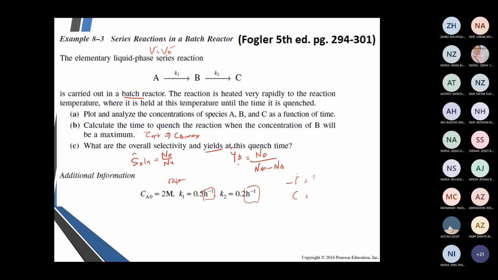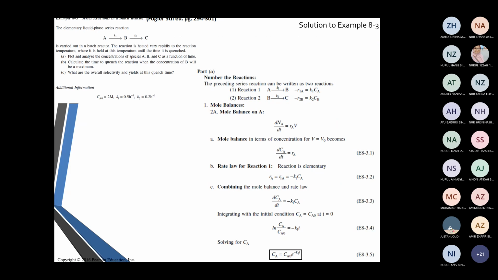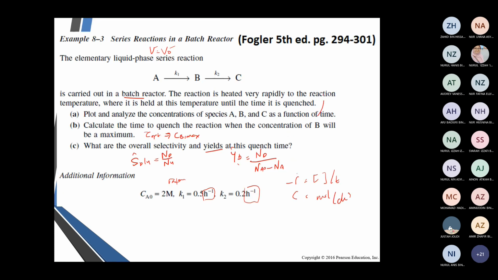Okay, this is mole concentration over time and this is mole over decimeter cube ataupun liter ke, mole over volume lah. Alright, so lupa pula yang ni adalah you kena cari CA sebagai function dalam time, CB function dalam time, and this one CC function dalam time.